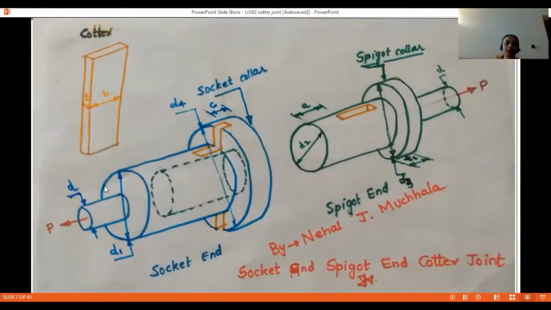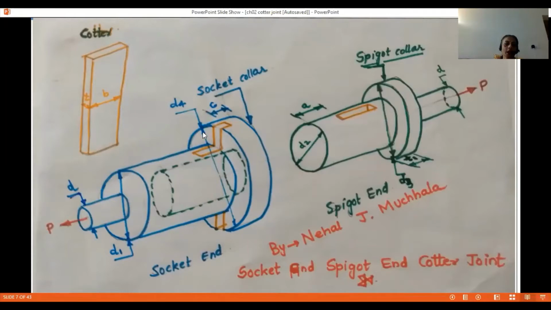You can see here a pictorial view of the socket and spigot and quarter joint. This part is a spigot with a spigot collar. There is a slot, a rectangular hole. This end is known as the spigot end.